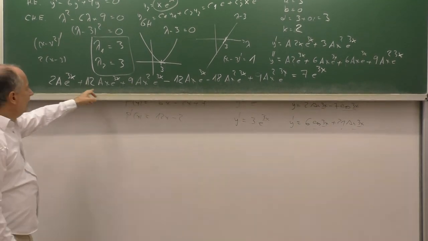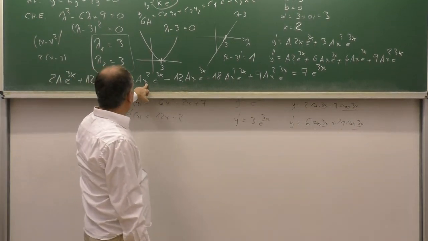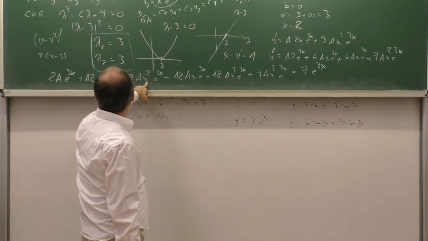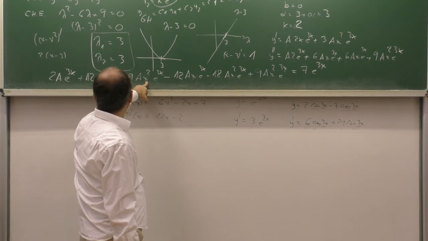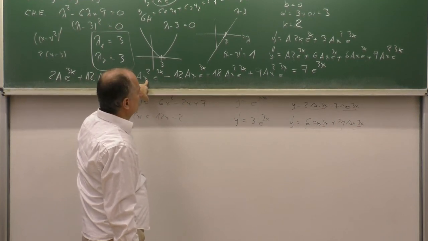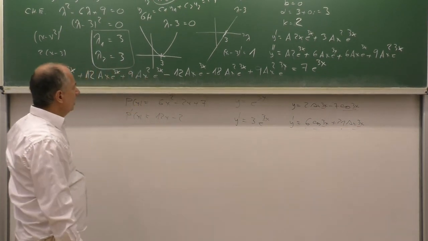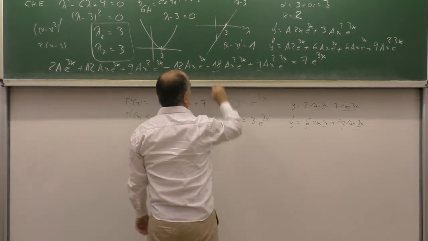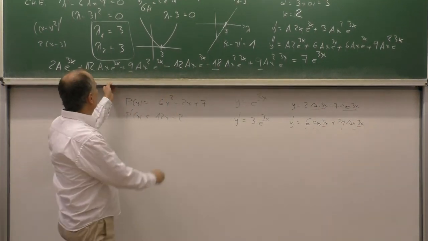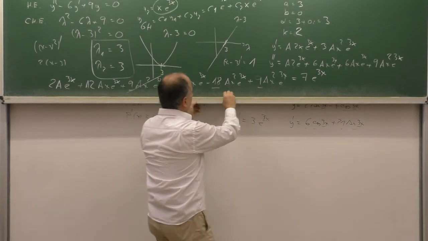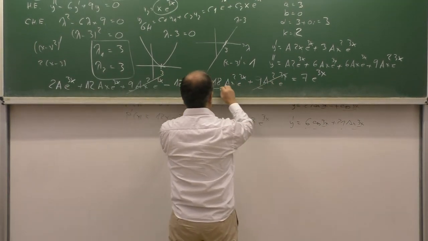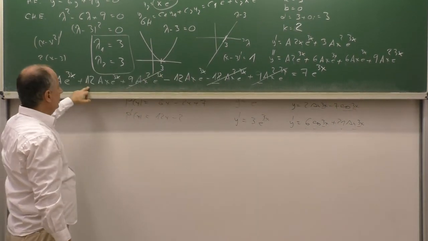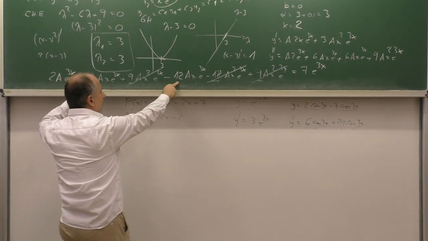Well, x squared is here with coefficient 9 plus 9 minus 18, which is 0. Then next to x, 12 minus 12, which is 0.